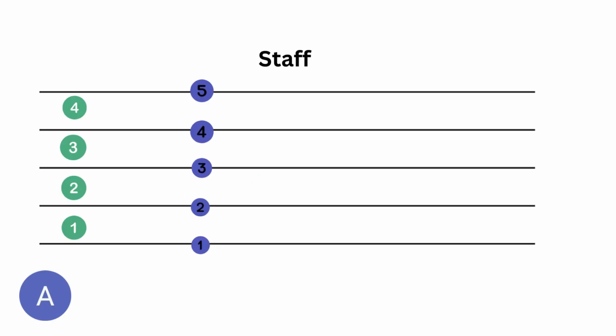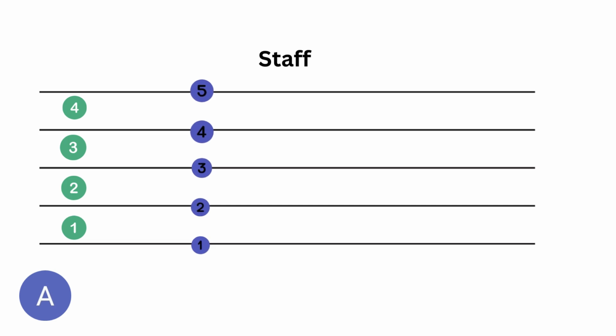And this is called a staff. Now, if you look to the left and to the right, in green, you see numbers 1, 2, 3, and 4. And then in purple, you see numbers 1, 2, 3, 4, and 5. These are the numbers of spaces and the numbers of lines.